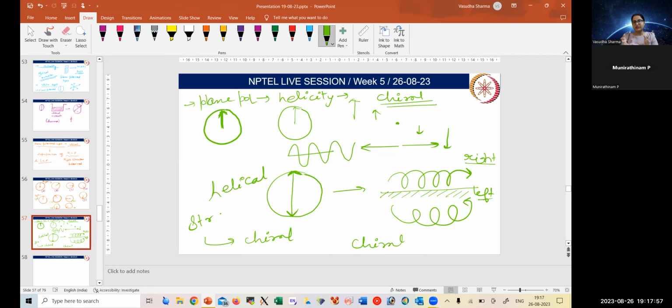It is only a matter of which direction it is going, whether to the right side or the left side. That makes it plane polarized light. So a monochromatic source means only one frequency, but plane polarized light comprises both the right side and the left side motions. Is that clear?